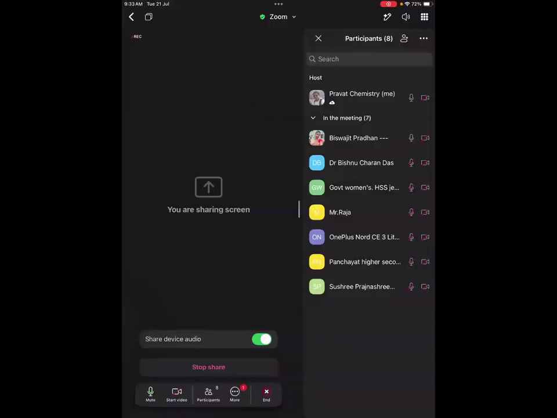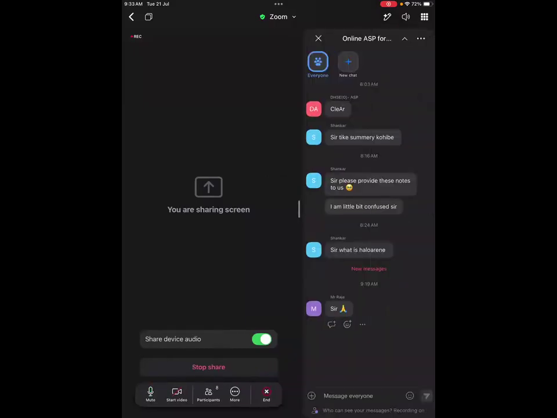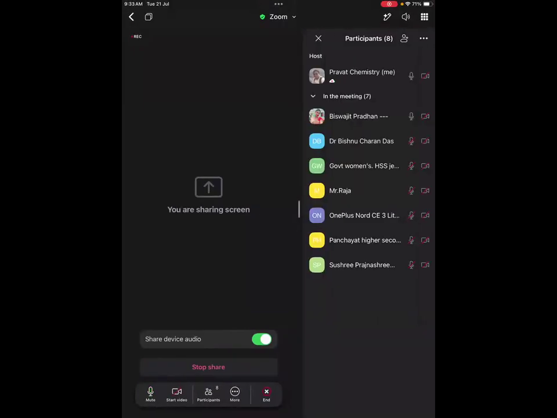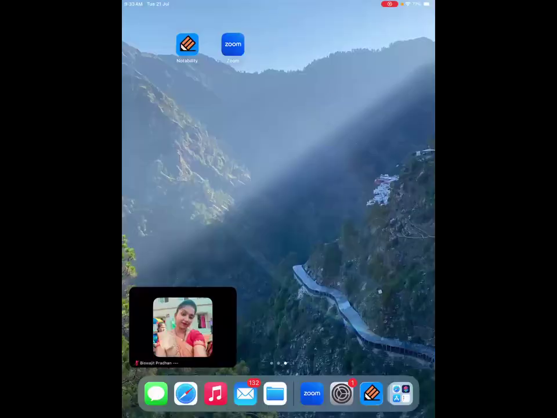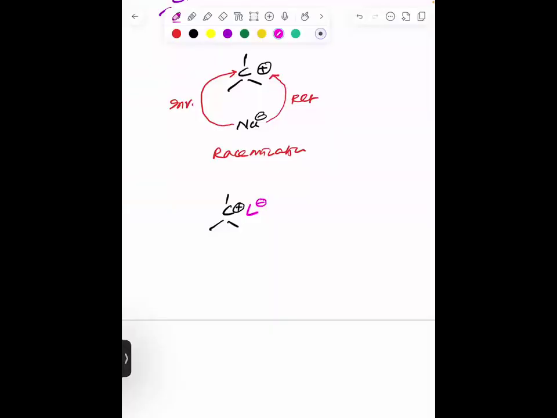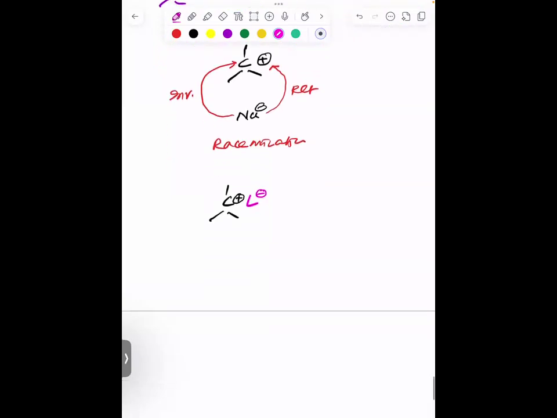Whereas the opposite side can easily be attacked by the nucleophile. So more inversion and less retention. So with this, the SN1 reaction and factors are over.